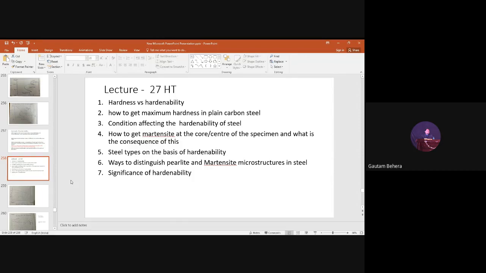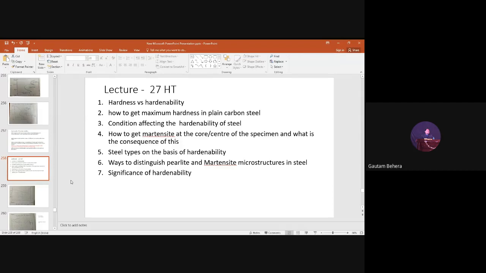Because if the steel specimen is very thick, or of very big dimension, then what happens? The surface cooling rate will be higher and the center cooling rate will be lower. Due to the difference in cooling rate at the surface and at the center, there is a gradient in the cooling rate from the surface to the center of the steel, and we can get different microstructures, right?